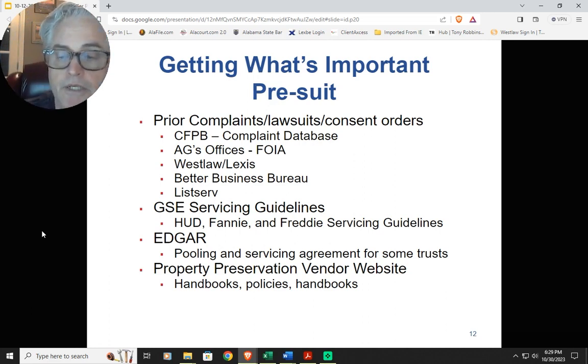Your property preservation vendor website has lots of great information, as Peter noted during our joint presentation on the 26th. Sometimes they have handbooks and policies on the website. You can actually download them. But they almost always have a lot of platitudes about how and why they do things and how their interest is in getting it right, doing things the right way. Usually some nice material there to beat them up with at some point in the process.